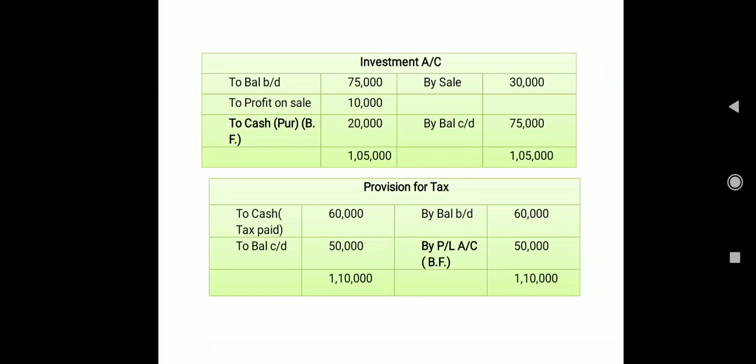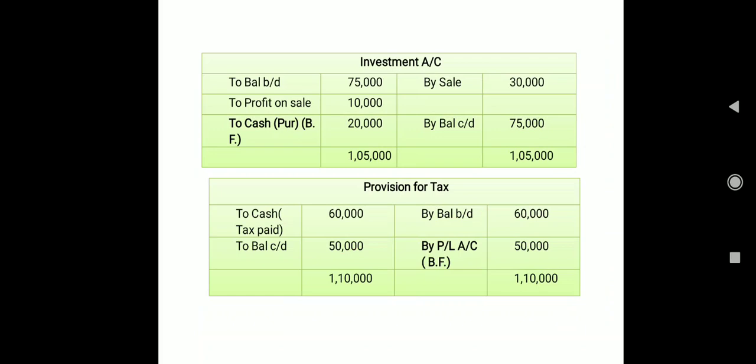So now again closing the ledger account and checking the balancing figure. So the balancing figure we are going to get towards your credit side, that is we have to transfer towards the profit and loss account. Okay, and this is going to be your provision for tax made during the year.